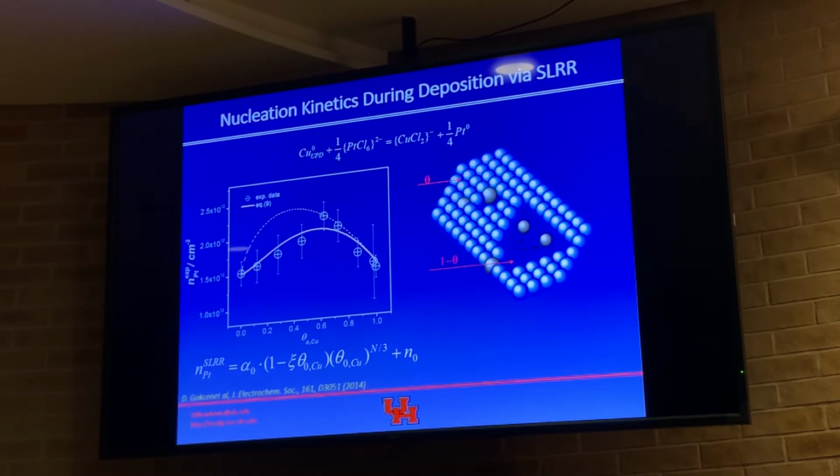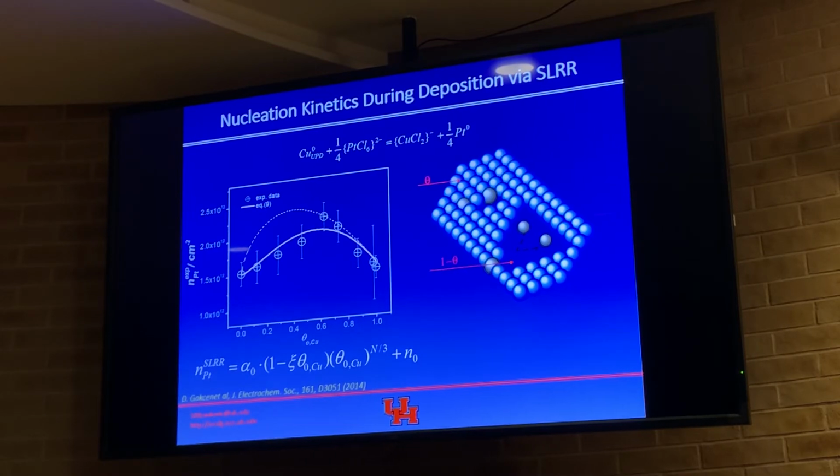So basically my nucleation event is not proportional only to the flux, but it's also proportional to the spatial probability of the nucleation on the free surface.